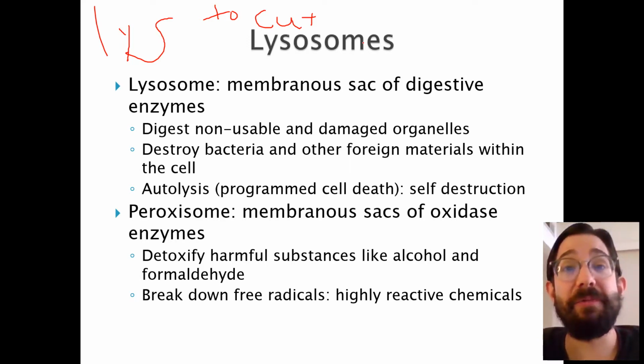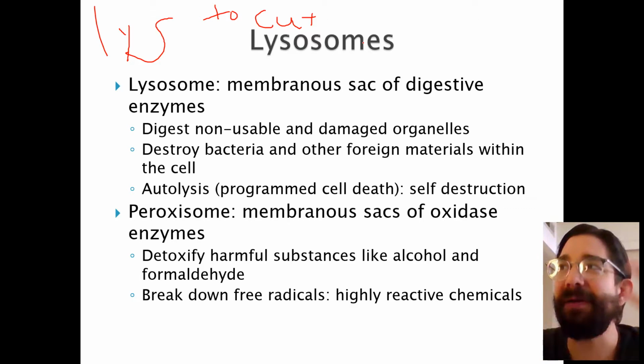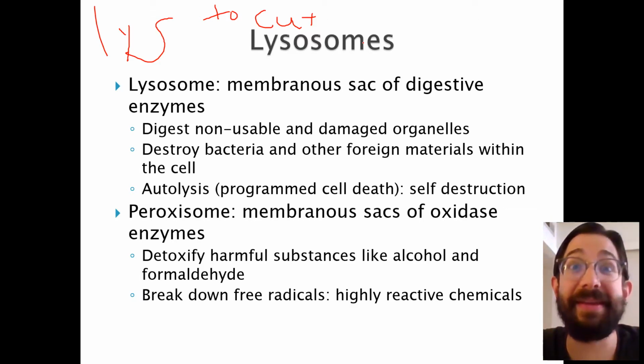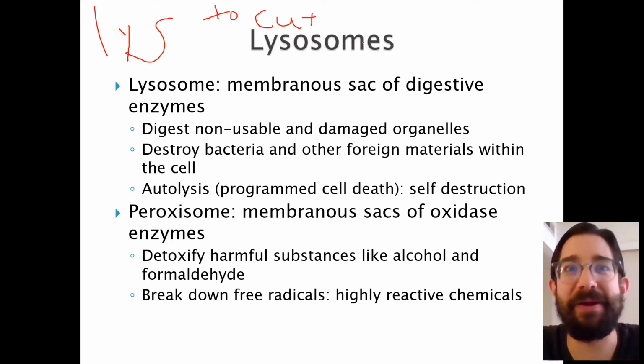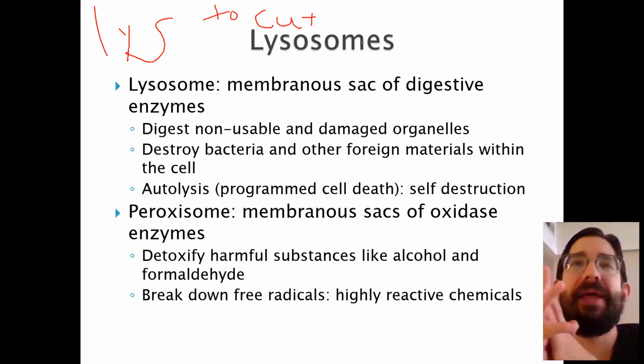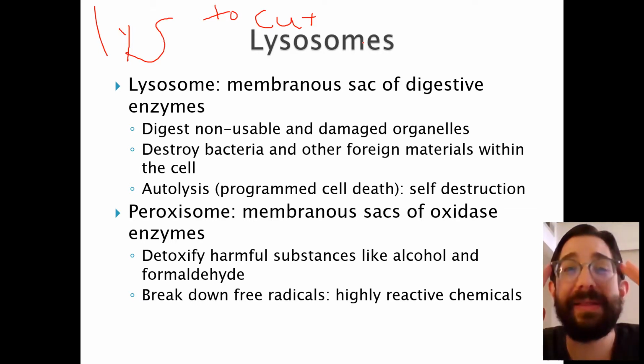In a previous video, we saw an amoeba through phagocytosis eat some paramecia. And the paramecia didn't seem to notice until suddenly they did. That's when the lysosomes started to digest the paramecia. The other thing lysosomes can do for humans is autolysis, which is called cell suicide or programmed cell death.